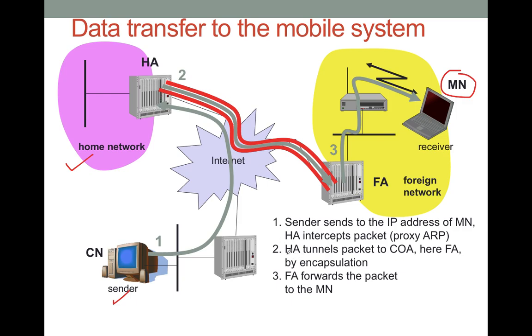Number two, the home agent tunnels the packet to the care of address, which is the foreign agent in the foreign network, by encapsulation. Then the foreign agent forwards the packet, number three, to the current mobile node. Okay, that is how the data is transferred.